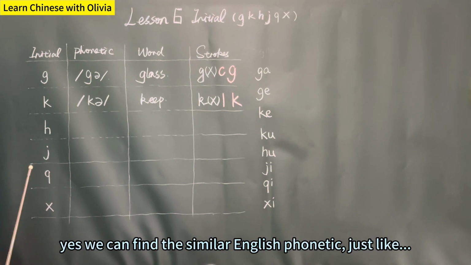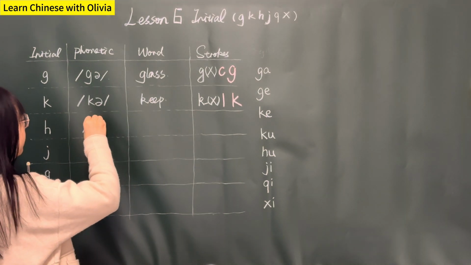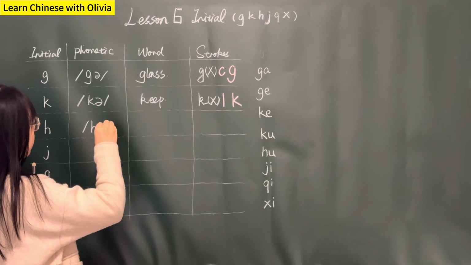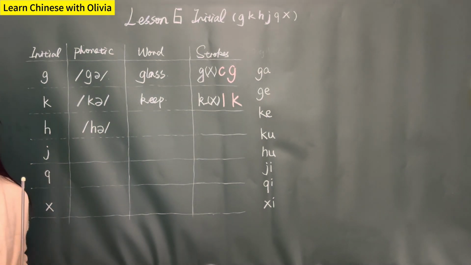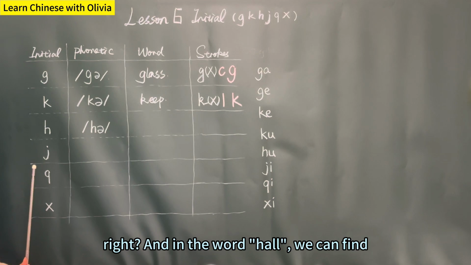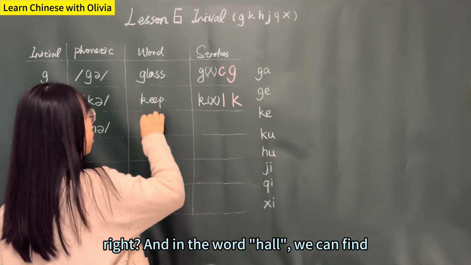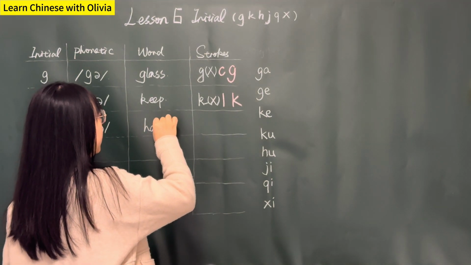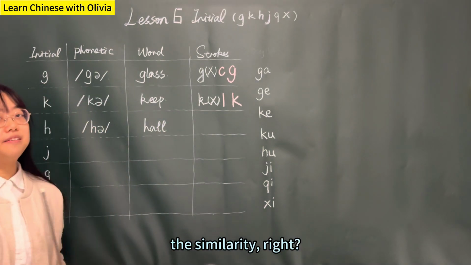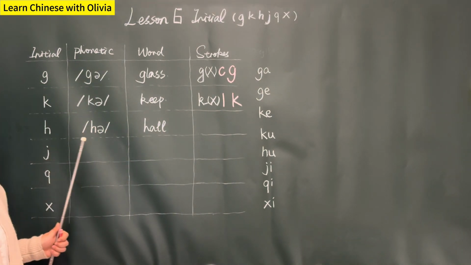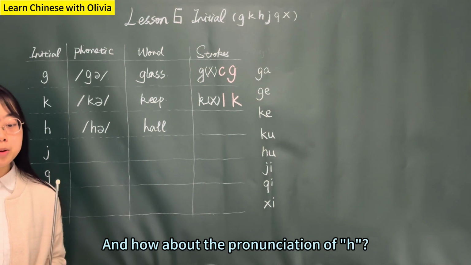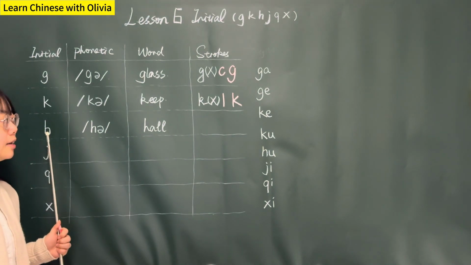And for the next one, H, H. Yes, we can find some similar English phonetic, just like H, right? And in the word ho, we can find the similarity, right? H, ho. And how about the pronunciation of H?